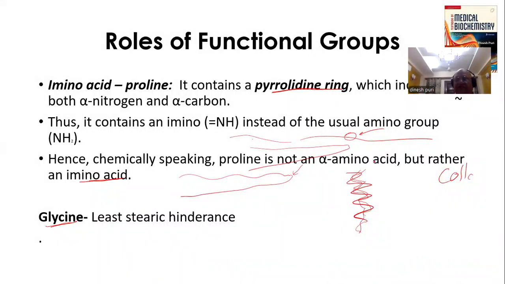As we said, the 3 chains are very tightly interwound around one another, so very little space is available in the interior. In such little space only glycine can be accommodated, because it has the smallest R group, that is H. So we are going to see in a clinical example how important this indirect role of glycine is.